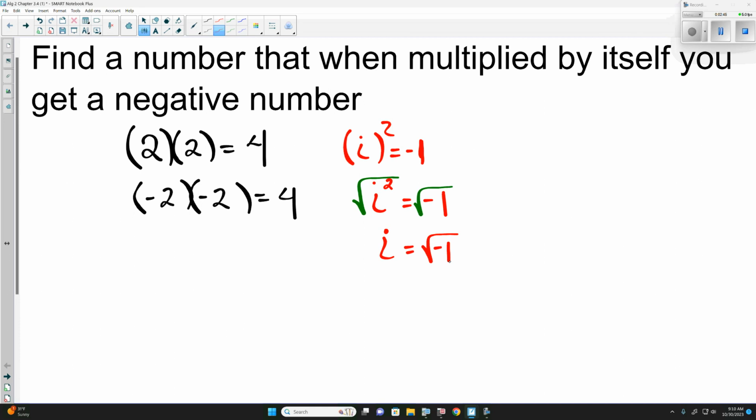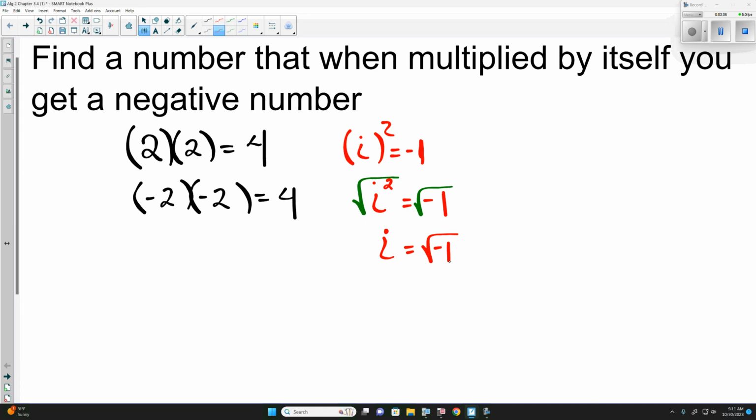I believe some of y'all made the comment that the ACT had i like this on it. This is what it is. i is the square root of negative 1. And we need it for quadratics to be able to solve, because up to this point, any of the ones that we had that had no real solutions, i is involved.